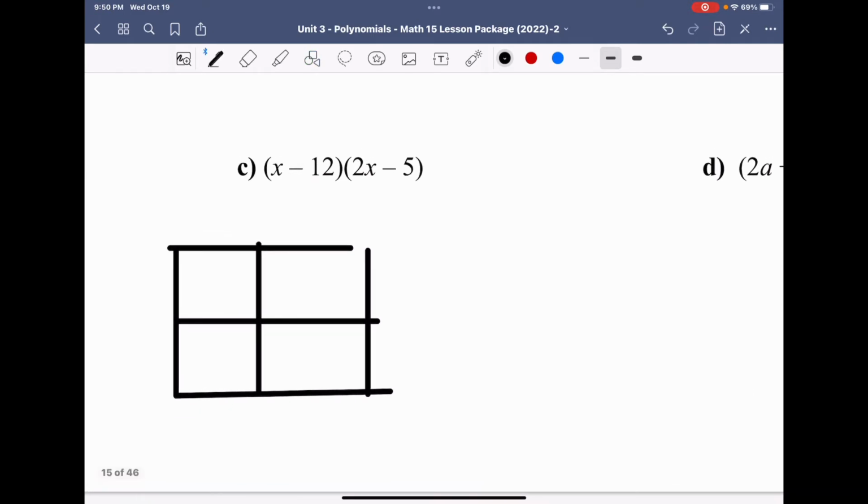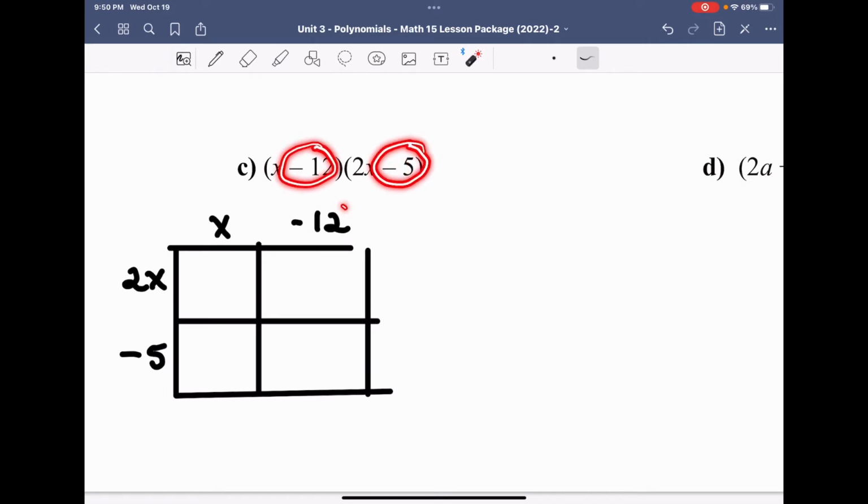So the first part on the top, I'm going to write x and negative 12, representing my first binomial. Then I'm going to take the 2x and negative 5 and assign them to a spot, 2x and negative 5. You need to make sure whatever the sign in the middle, it follows the number that it's attached to here. So my negative 12 became negative 12 here. My negative 5 became negative 5 here.